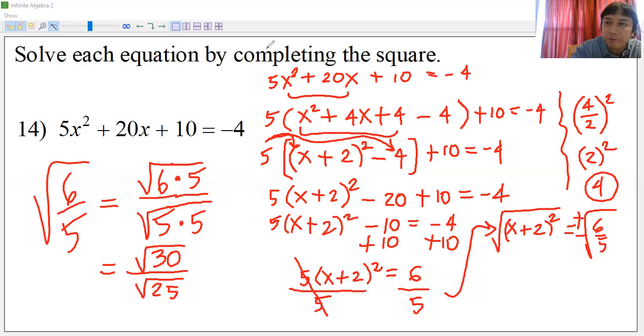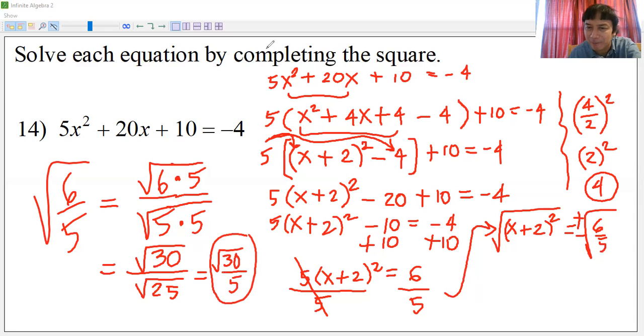If you have a denominator with a square root, it's not simplified. If you can turn it to a whole number, that is simplified. So this is now square root of 30 over 5 there. So the equivalent of square root of 6 over 5 is right here. That's square root of 30 over 5.